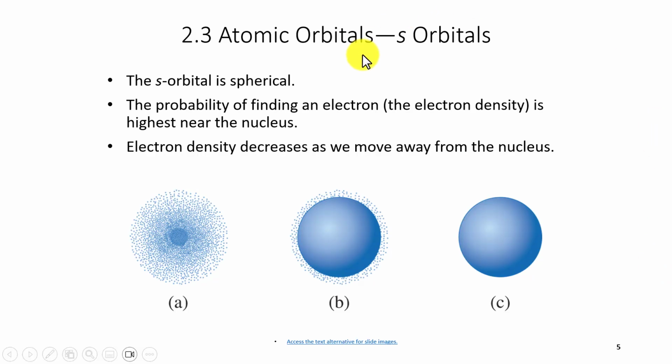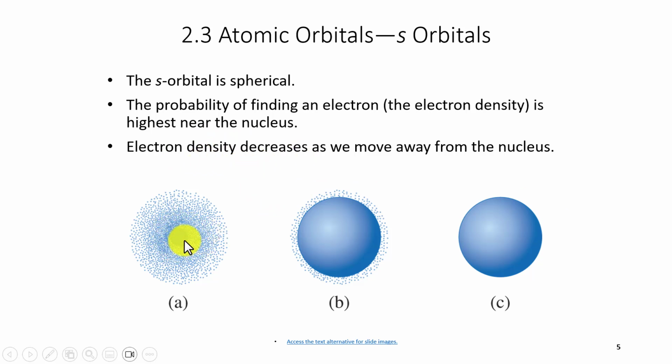Now let's talk about the orbitals themselves. The s orbital, or the first shelf, if you will, is spherical in nature, just like that sparkler. The probability of finding the electron, or the electron density, is highest in the center towards where the nucleus is found. And as we move away from the nucleus, the electron density, or the probability where the electron might be found, decreases.